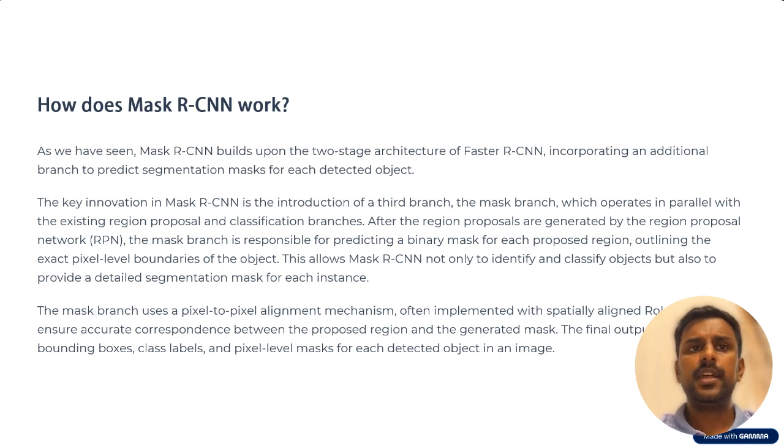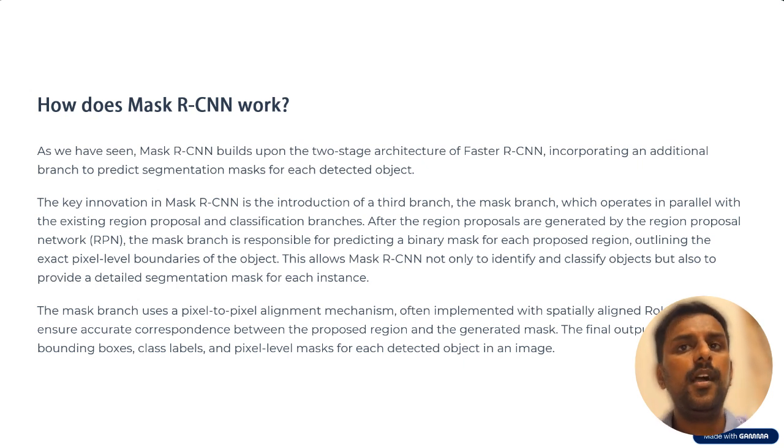To summarize, it is built on the two-stage architecture of Faster RCNN. It adds an additional branch to predict segmentation for the detected objects. The key innovation lies in the introduction of the third branch, the mask branch, which operates in parallel with the existing region proposal and classification branches.